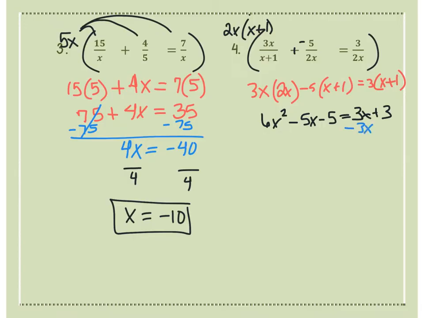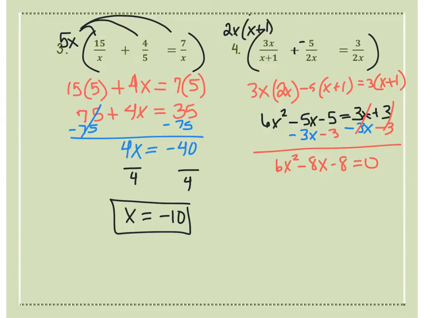Minus 3x, minus 3x, minus 3, minus 3. 6x squared minus 8x minus 8. Woo!